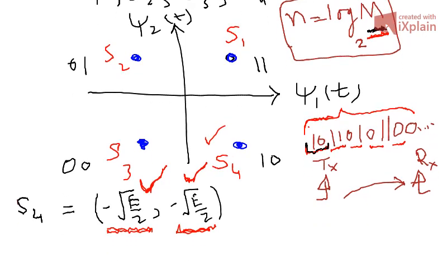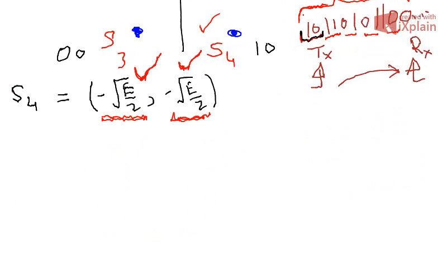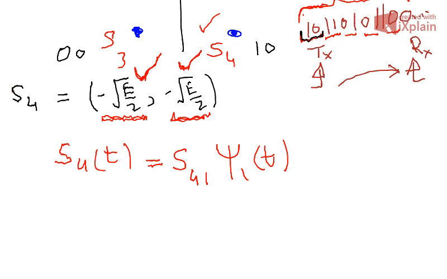As discussed earlier, when you want to transmit S4, S4 of t is the scaled version of psi 1 plus the scaled version of psi 2. I can write S4 1 psi 1 of t, which is the scaling of the cosine waveform.